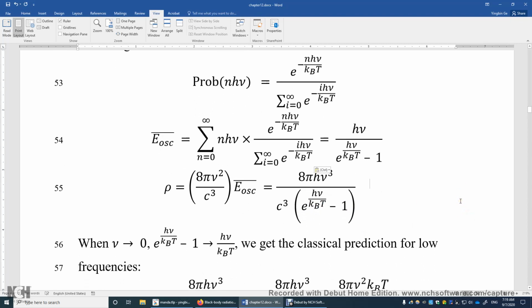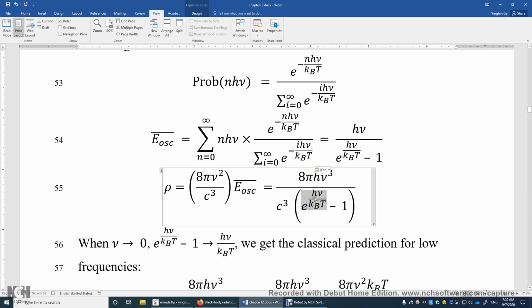All right. But when frequency is really, really small, if h nu is much smaller than kBT, we can expand this exponential function if you have learned Maclaurin series or Taylor series in a math class. So e to the power of x is roughly 1 plus x. If you don't believe me, you just use your calculator to calculate e to the power of 0.01. It's roughly 1.01, with a very small percent error.